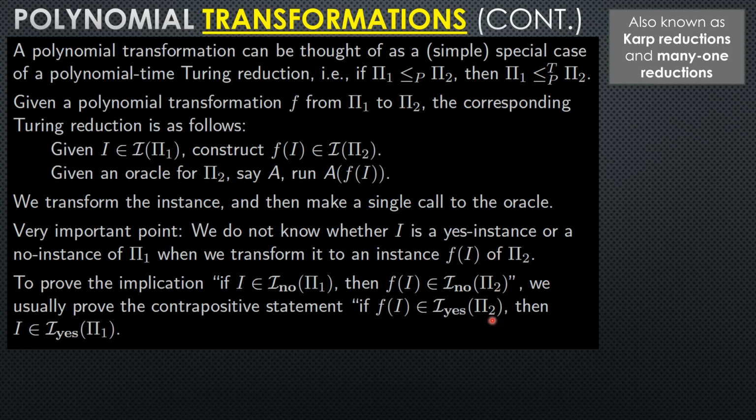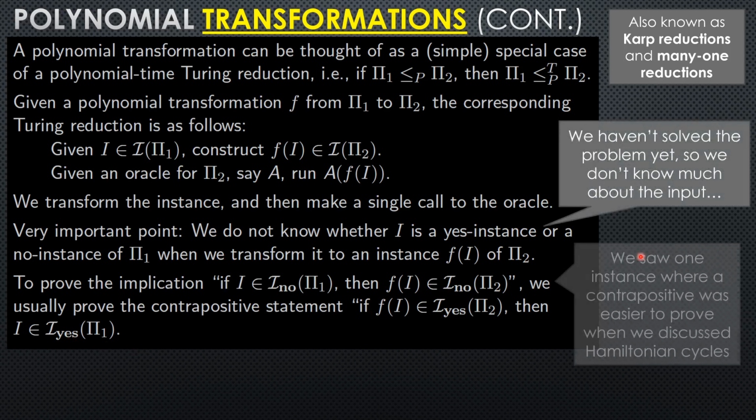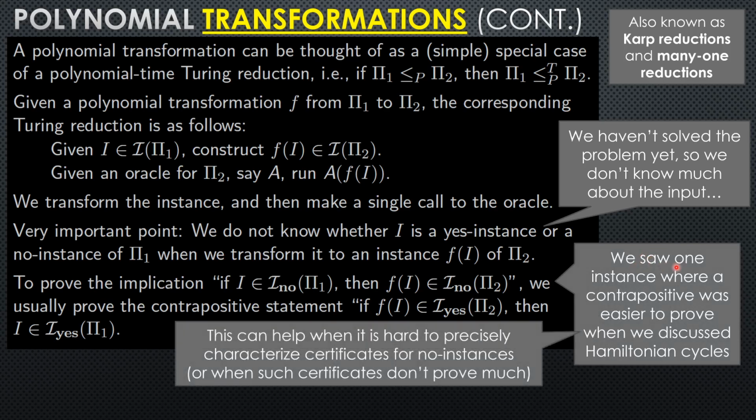For example, if we were working on a Hamiltonian cycle problem, if I have a yes instance, I know there is a Hamiltonian cycle. So I can latch onto that and use the existence of something with a very particular structure to prove something about the untransformed instance.